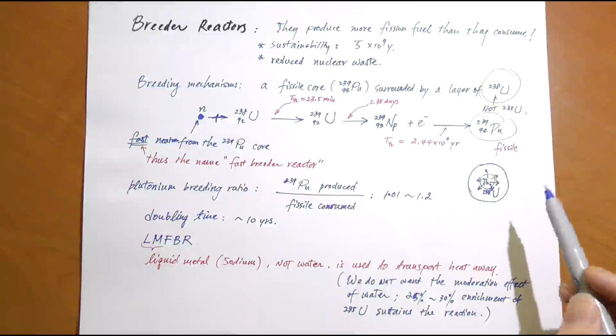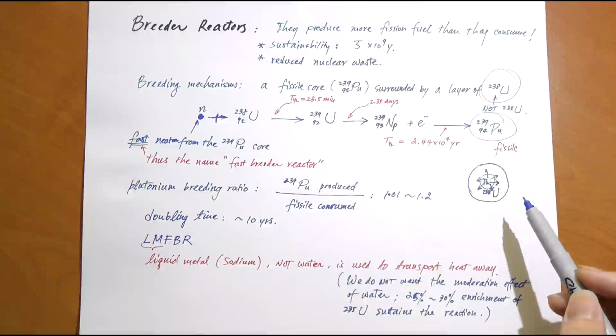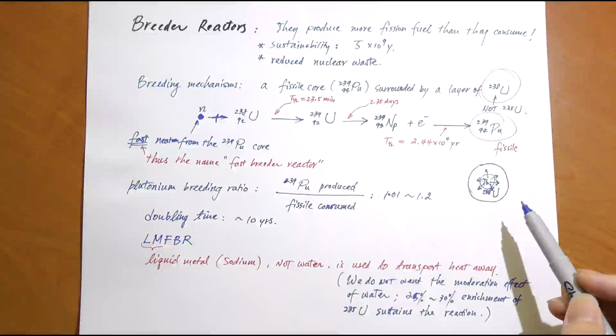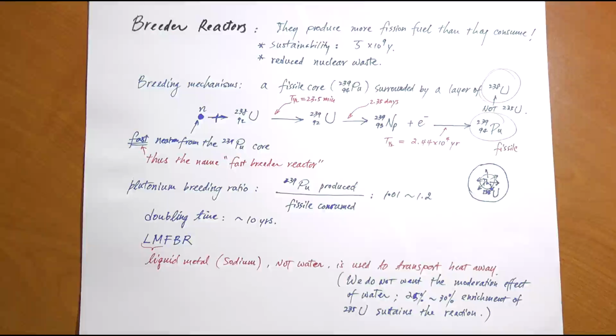Now, the breeder reactor, the United States built these reactors in the 1950s, primarily because the process of enriching 235 for a conventional reactor was very expensive. In this case, you don't need 235, you just need 238.